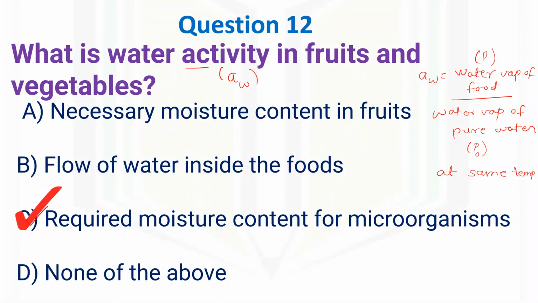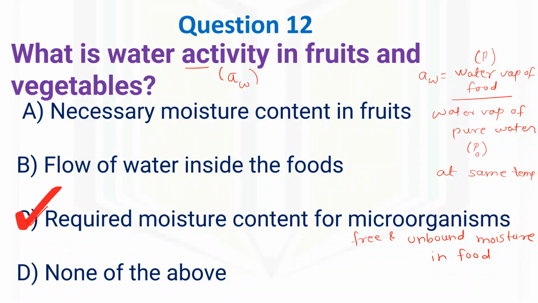So it measures the free and unbound moisture in food. So it is that available moisture which can be then taken up by the microorganisms to grow. So depending upon the microorganism, the water activity can vary.